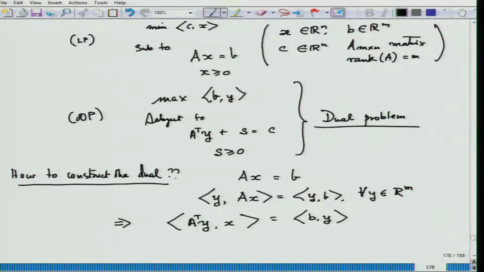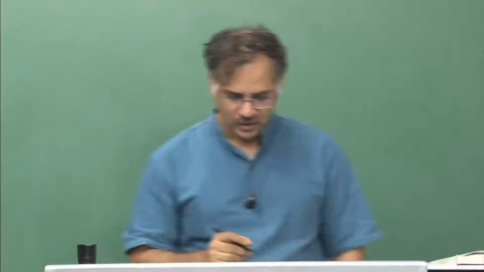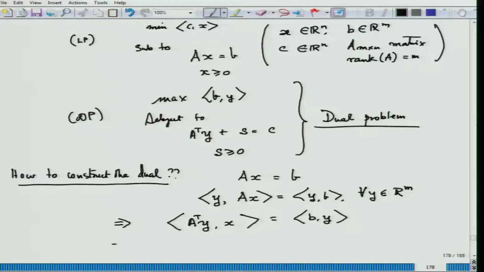So, now observe a very simple thing. The simple thing is this, that let me consider c minus A transpose y to be an element of R^m plus, that is, all the components of this vector are greater than or equal to 0.